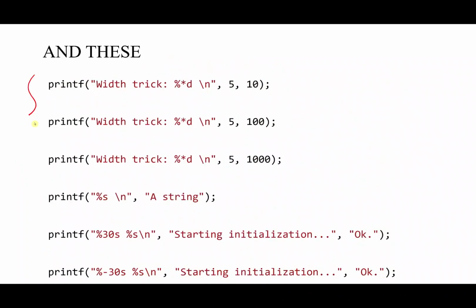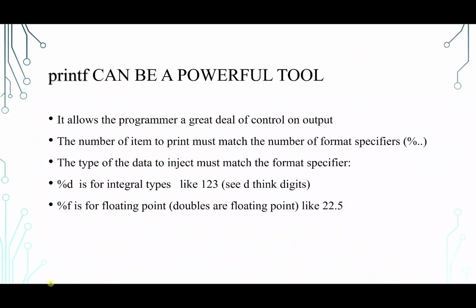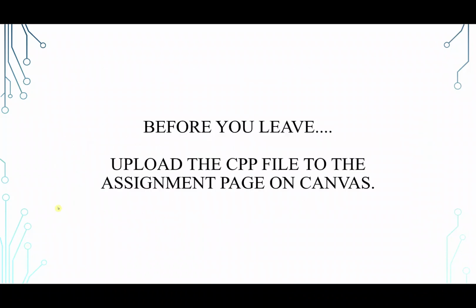You try all these and see the effect. So again, printf can be a powerful tool. It allows the programmer a great deal of control. You just need to use the percent sign and follow it with a specifier, like %d expects an integer, %f expects a floating point number, and so on.